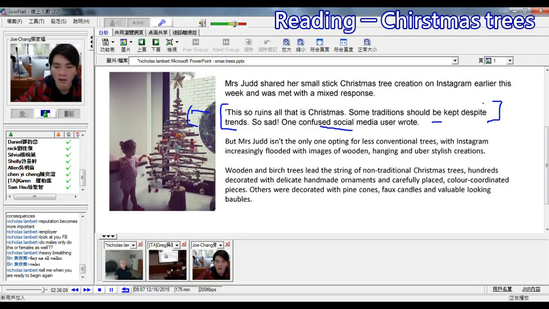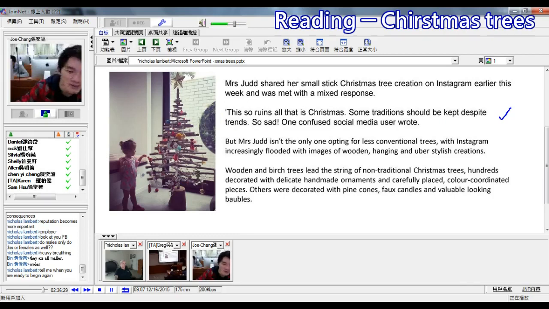"Some traditions should be kept despite trends. So sad." Does she like this Christmas tree or dislike the Christmas tree? Dislike.